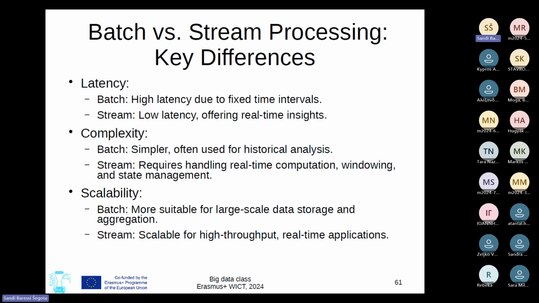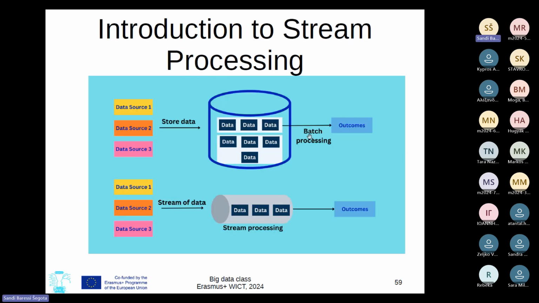And again, I mentioned scalability is going to be something that we'll be mentioning a lot. What do I mean by scalability here? Well, it's much easier to scale batch processing. You can add more data storage, add more calculation units, or just increase the time it takes to calculate.